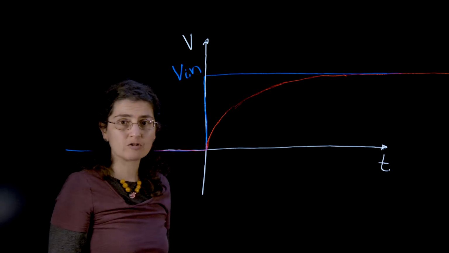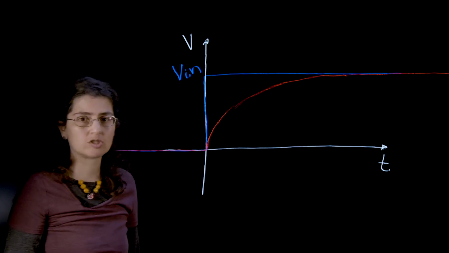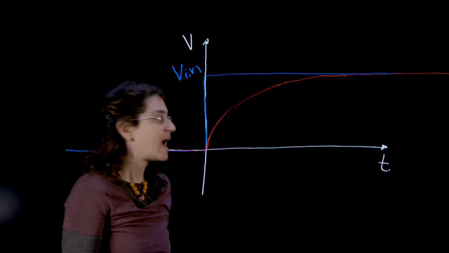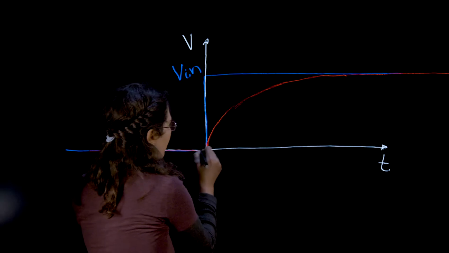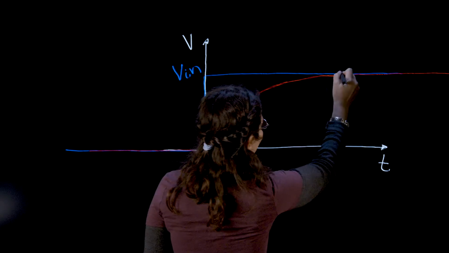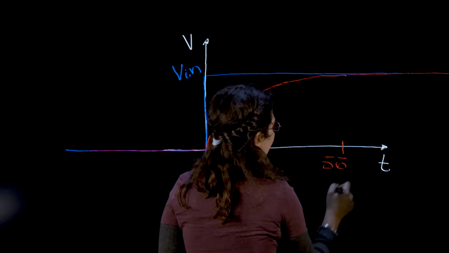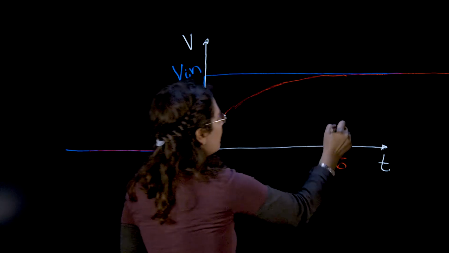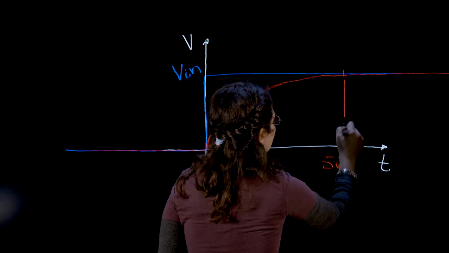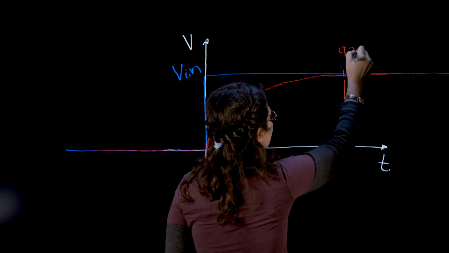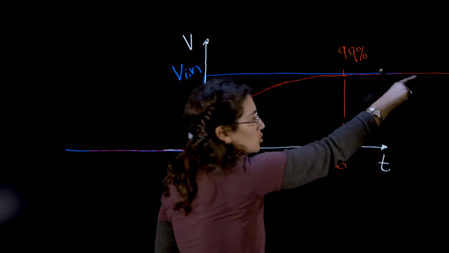Now, as I mentioned before, tau is equal to RC. It's our time constant. If we look at our voltage at time equals 5 tau seconds, our capacitor will have charged to approximately 99% of the total charge.